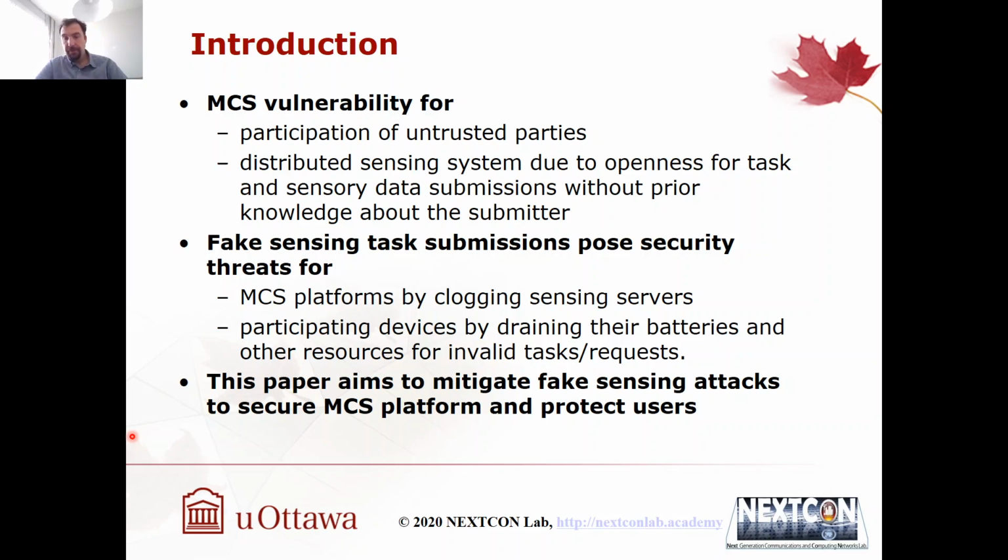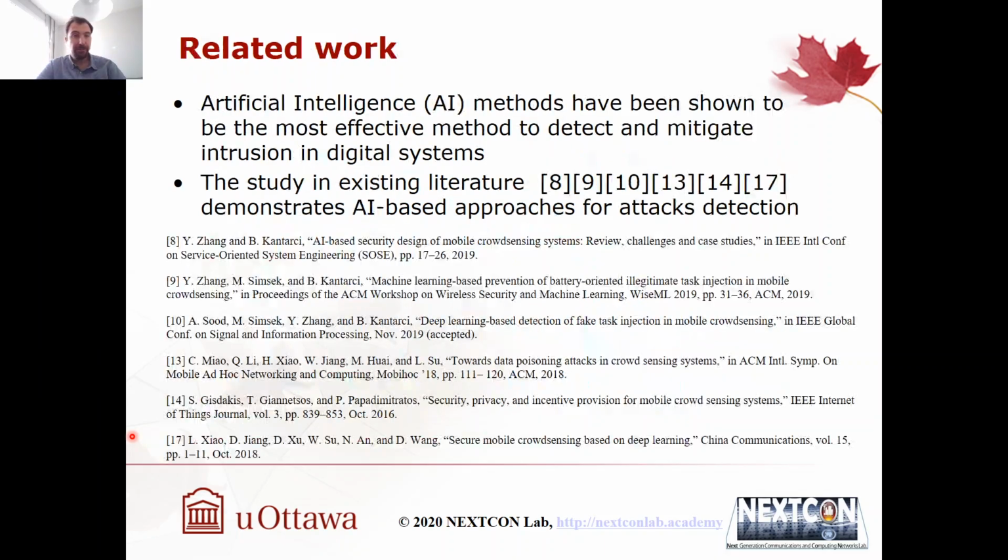Now, we would like to come up with an intelligent solution to detect those fake tasks and propose a legitimate path to distinguish fake tasks and legitimate tasks in mobile crowd sensing environments. Of course, there are some pre-existing studies in the literature, and they do use artificial intelligence methods, and they have shown that an AI-backed solution is going to be helpful to mitigate these types of fake task submissions.